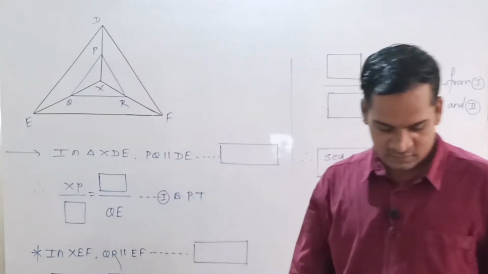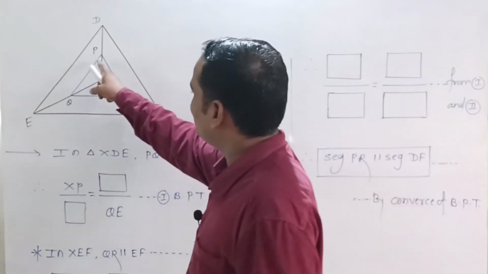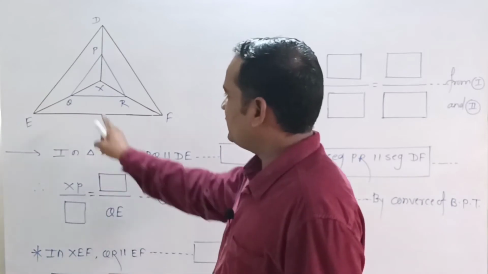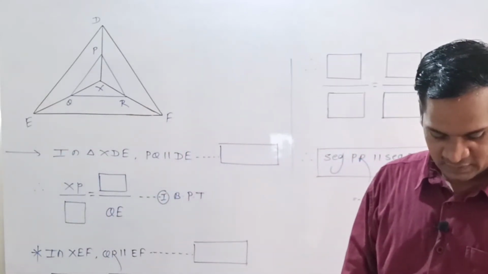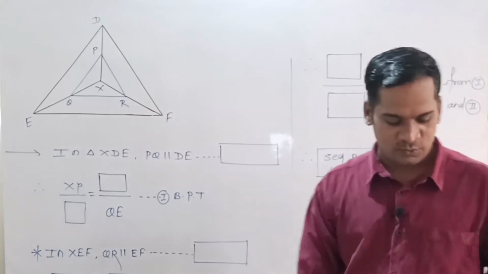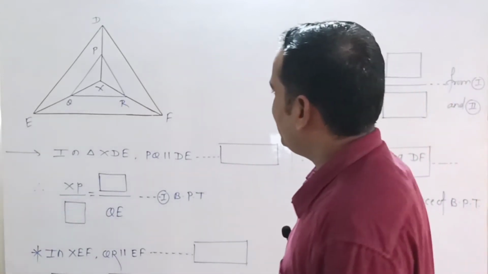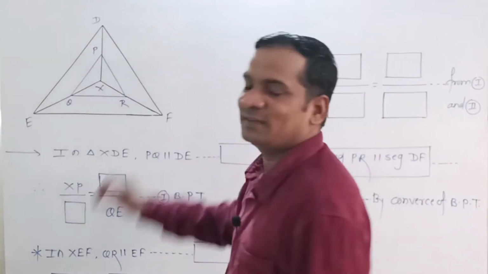Then segment PQ is parallel to segment DE. Look at this segment, PQ parallel to DE, and this segment QR parallel to EF. Okay. Then fill in the blanks to prove that segment PR is parallel to segment DF. Look at this, segment PR parallel to segment DF.